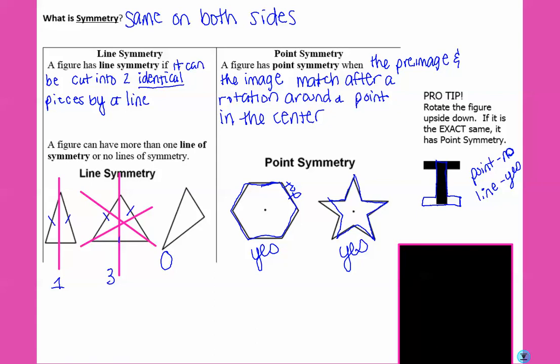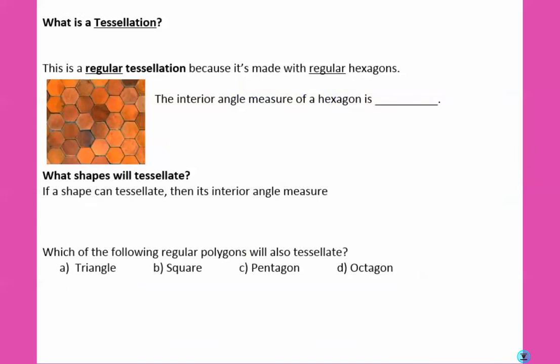Now let's look at some tessellations. What is a tessellation?